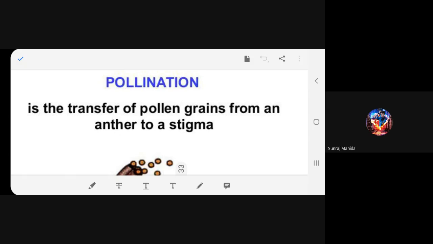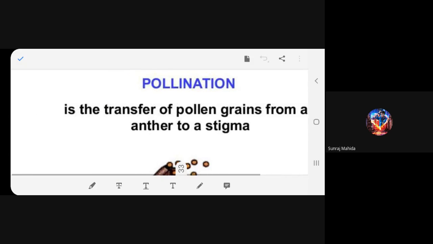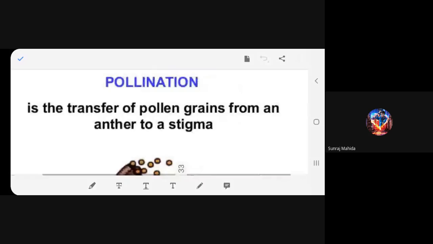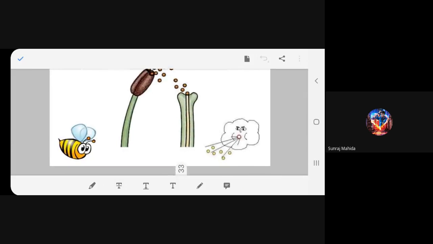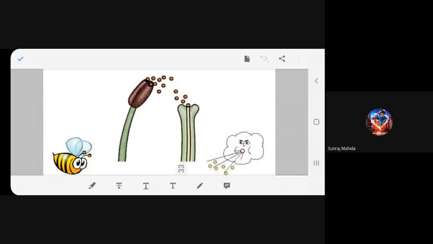It is the pollen grains which are transferred from anther to stigma. Okay, this process is known as pollination. Look over here. Now, this is a bee.